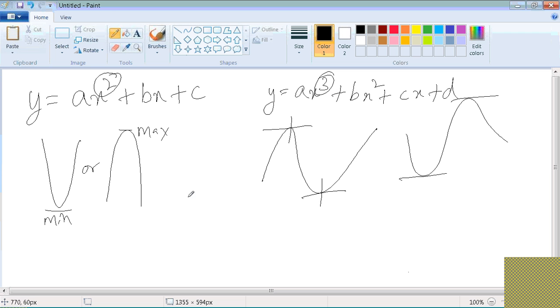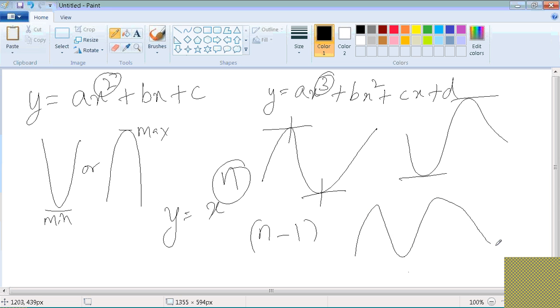You should know that for an equation which has an nth degree polynomial, the number of max and number of min is n minus 1. Right. So if this is 4, then you should expect 3 like that, right? 1, 2, 3, and so on. So that's an important concept to understand as well.